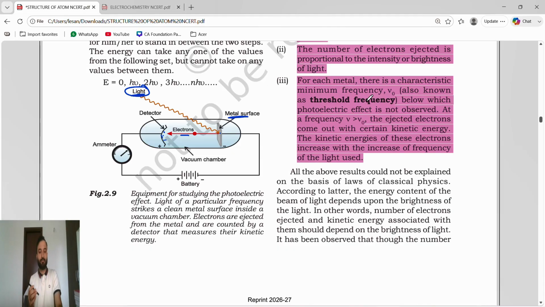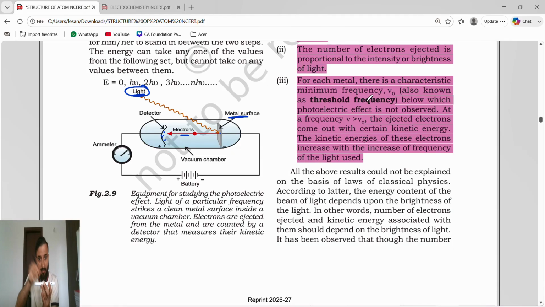Again, I am telling you: if I hit with a normal beam of light, all the electrons will not leave, because every electron has a different frequency to move out. So we will use a minimum frequency of light, and that minimum frequency of light is called the threshold frequency. We will hit with that minimum frequency so that electrons will eject from the metal surface.